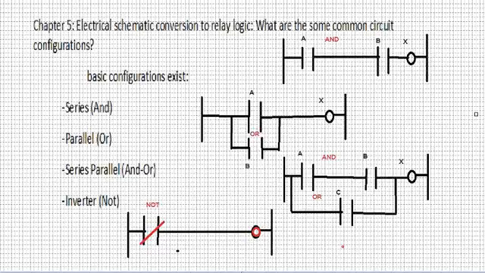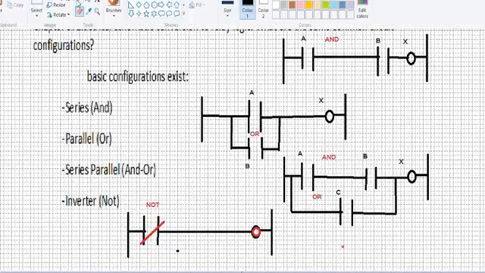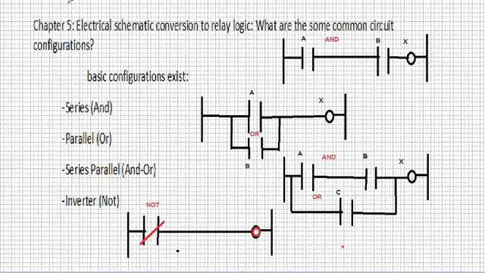So here we go again, and we have here the basic configurations for the schematic conversions of relay into ladder. I think it's important that you understand this concept because this will take you places as far as understanding ladder logic programming. The first one is, I've got a couple of inputs. We label inputs A and B. X in this case is the output.